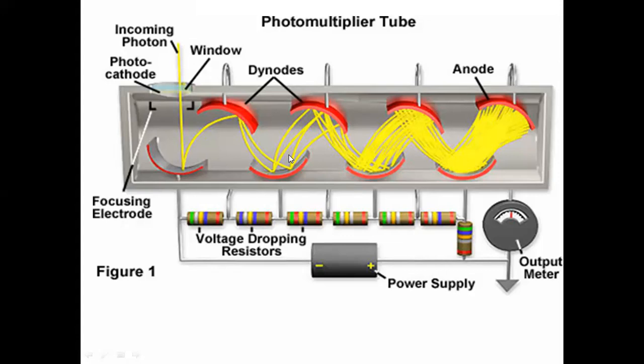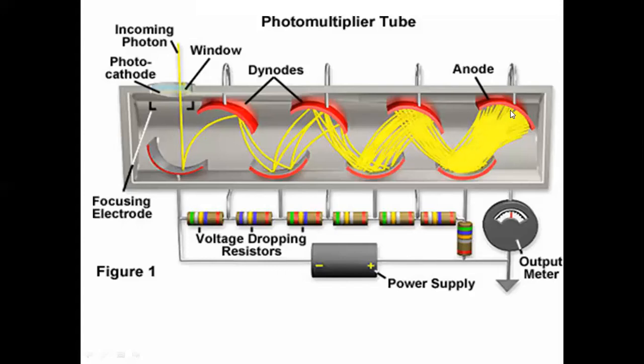That's why the count will multiply. Again, these electrons will strike another diode, and each electron will generate two more electrons. Like that, the count of the electrons will increase. So the photon energy will be converted into electrons, and the electrons will be multiplied by the time they reach the anode.